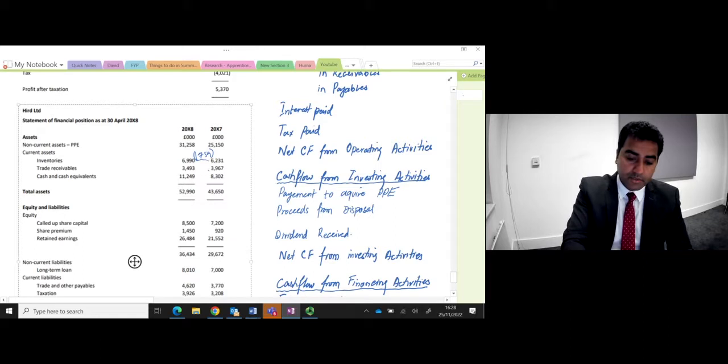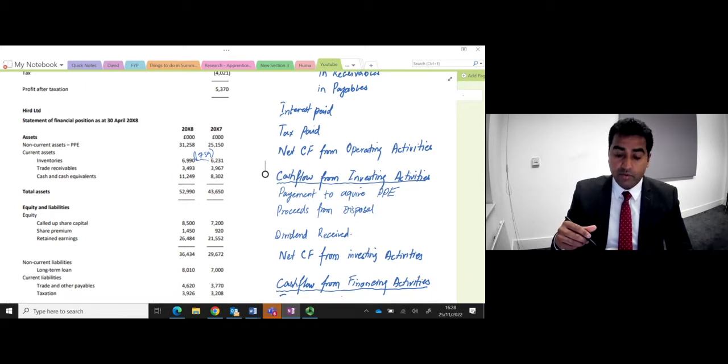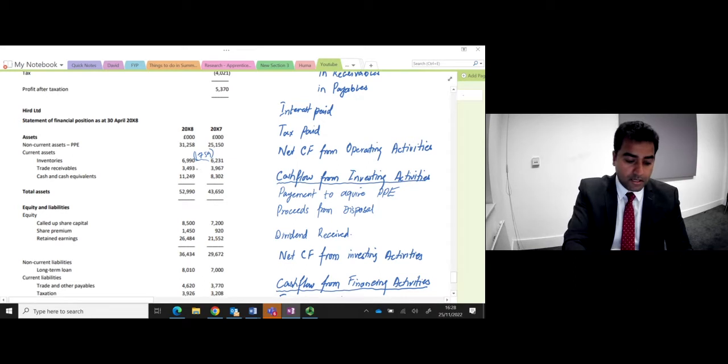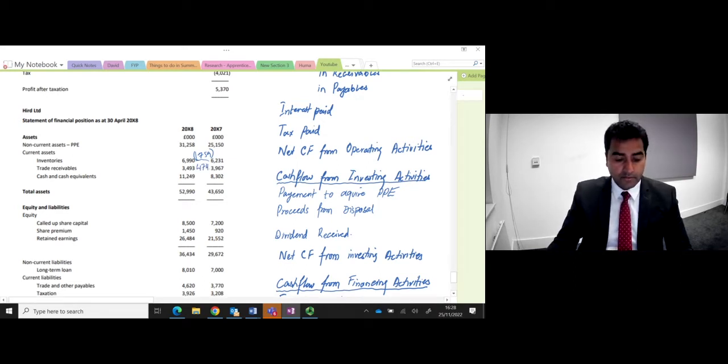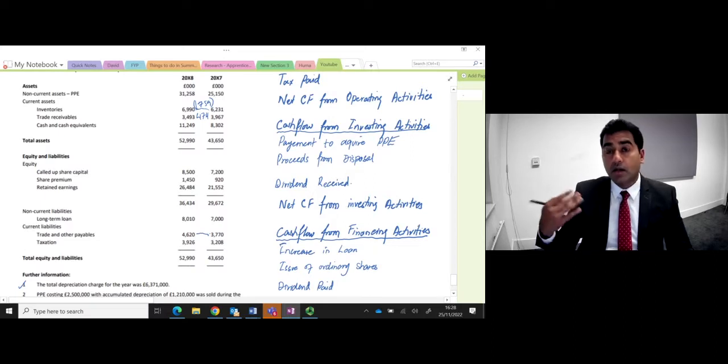Looking at the receivables balance, it is decreasing from 3967, it has reduced to 3493, which is a good sign from cash point of view. That means the company is collecting cash from its receivables. 474. Looking at the payables figure, which is at the bottom, you can see that the payables balance has gone up, which means the company is not paying its payables.